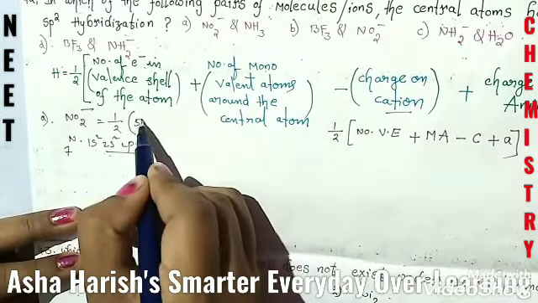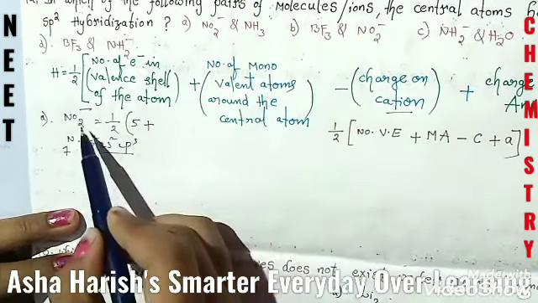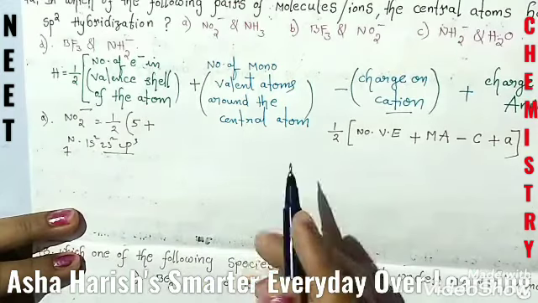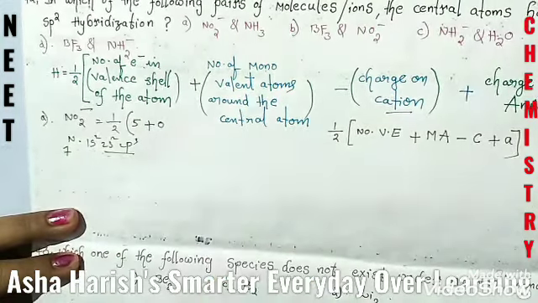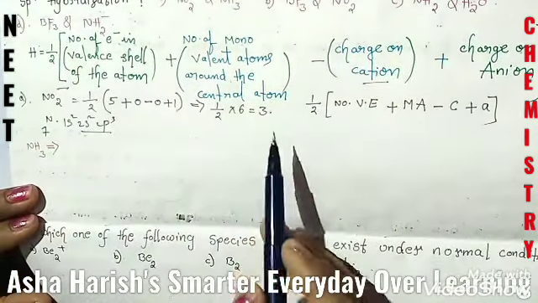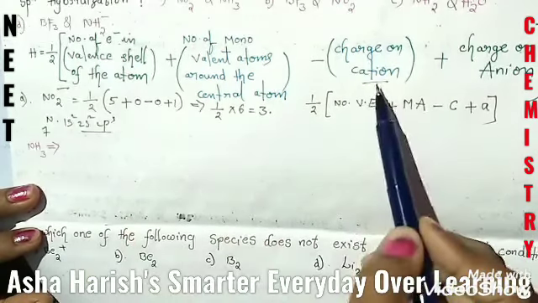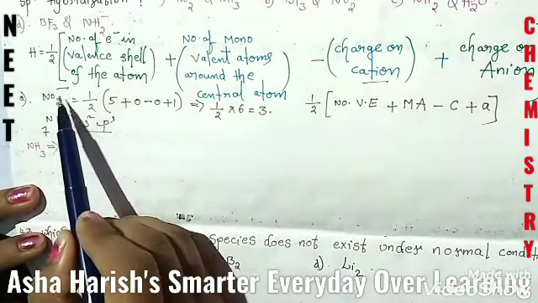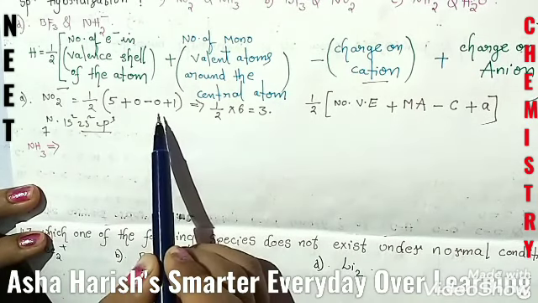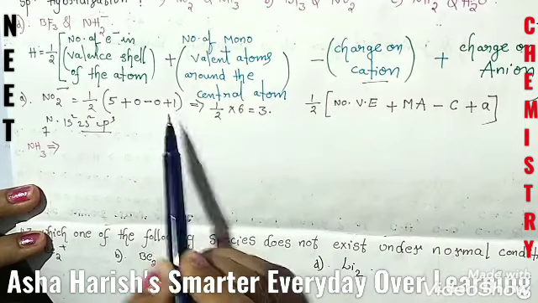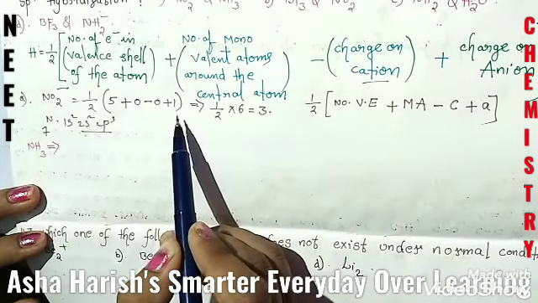Then students, 5 plus monovalent atoms. Here in NO2, oxygen is divalent, so there is no monovalent atom. You should take 0 here. And minus charge on the cation. Here students we have minus, that means this is an anion, so you should take 0 in the place of cation, and plus charge on the anion, here only minus, so plus 1 you should take.